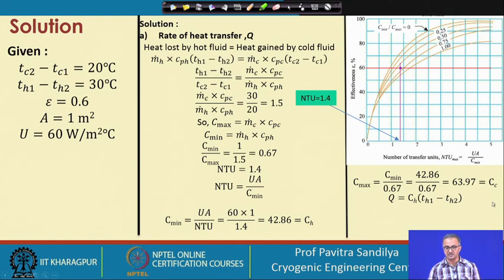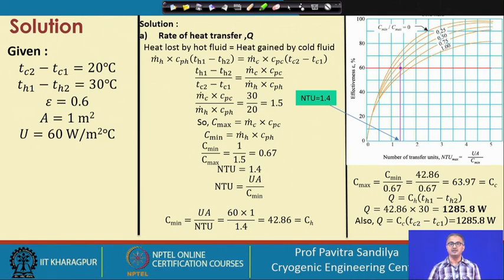So, suppose we are using C min, then we find out the Q coming out to be this. The same value may be obtained if any of you want to use the value of C max, but just keep in mind that you have to take the appropriate temperature difference to evaluate the value of the heat transfer.